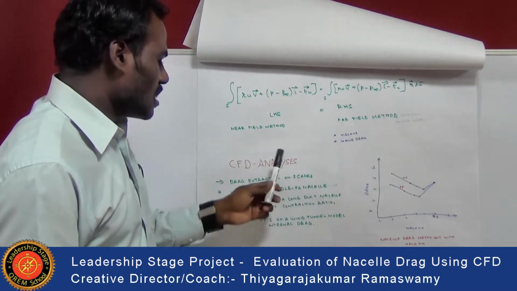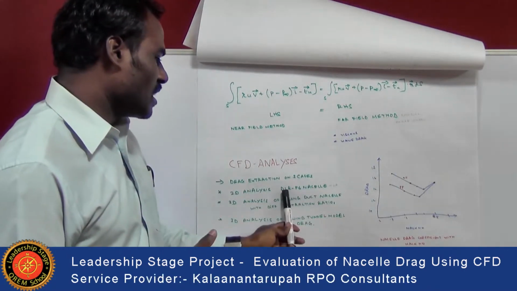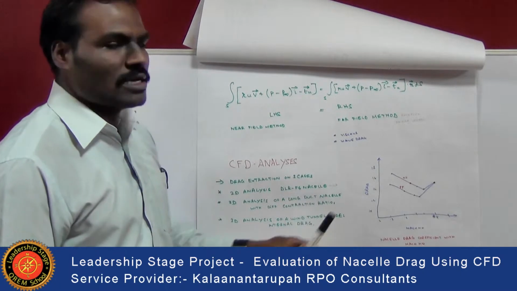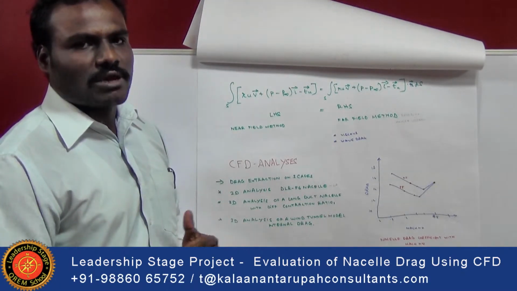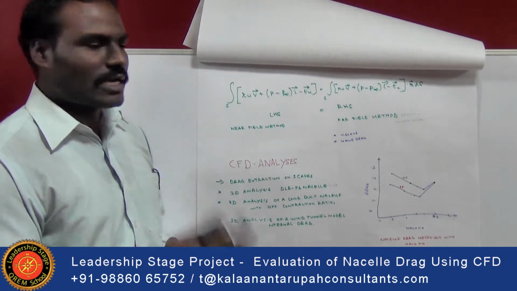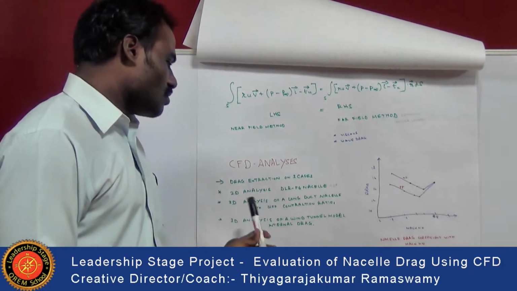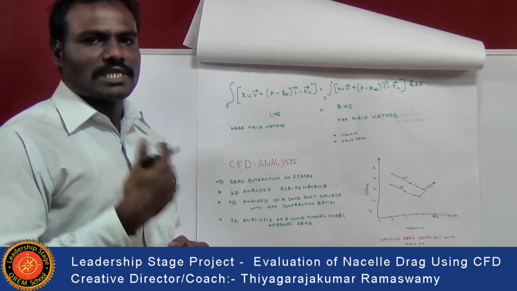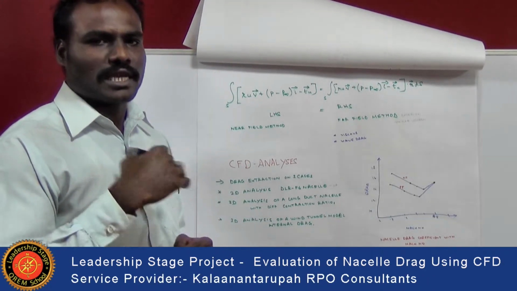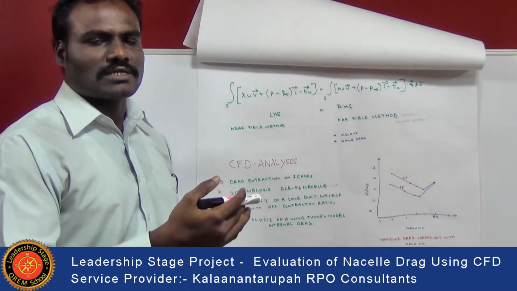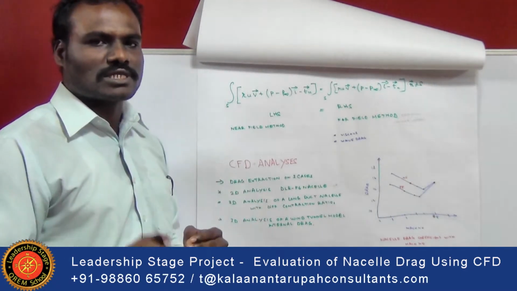Now we are going to discuss the 2D analysis of the DLR F6 nacelle, which is used for the purpose of calculating drag with respect to the nacelle. Here the 2D analysis helps us in meshing the internal as well as the outer structure.